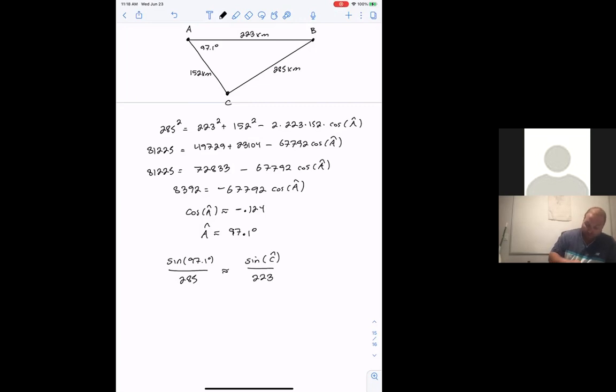Sine of what I just got divided by 285 times 223, take the arc sine of that, and I get that C hat is approximately 50.9 degrees. And now that I have two angles, geometry: 180 minus the sum gives me 32.0 degrees for angle B.